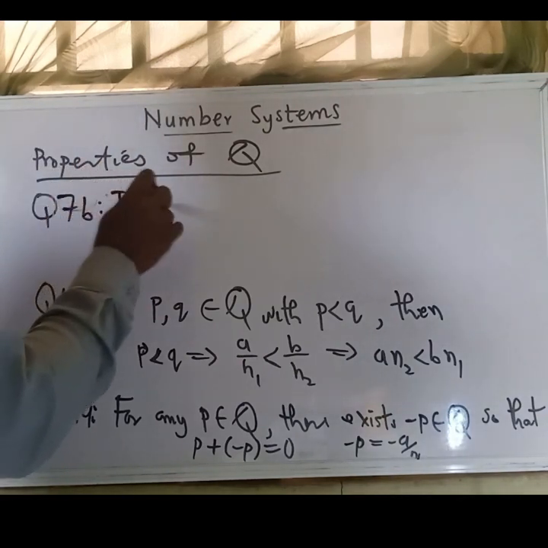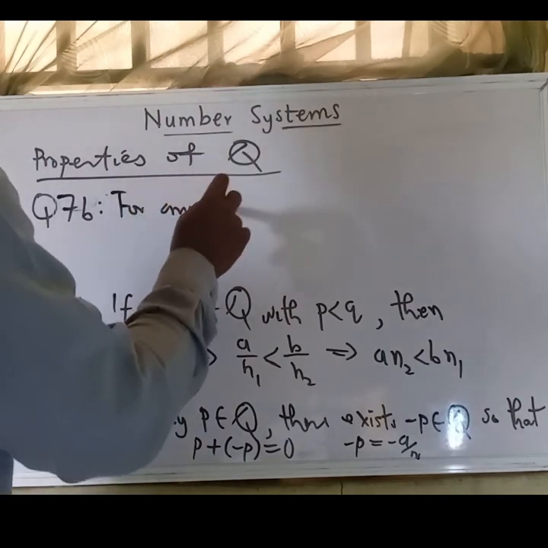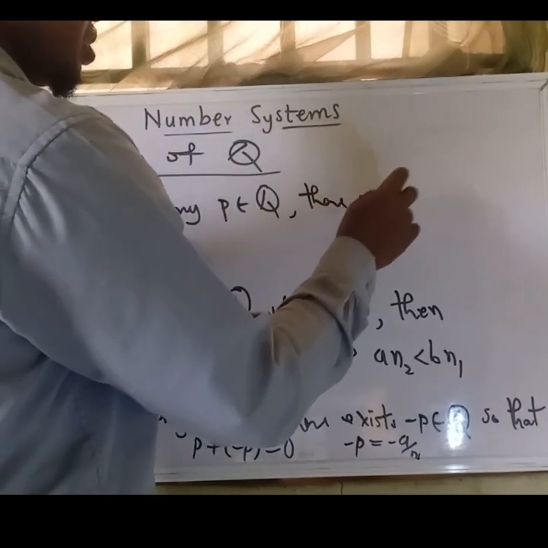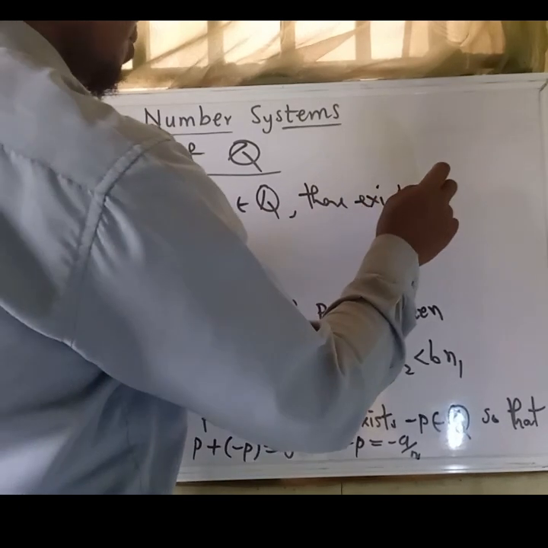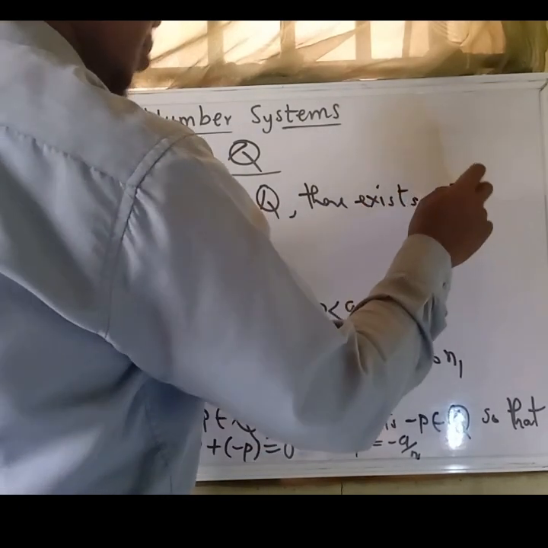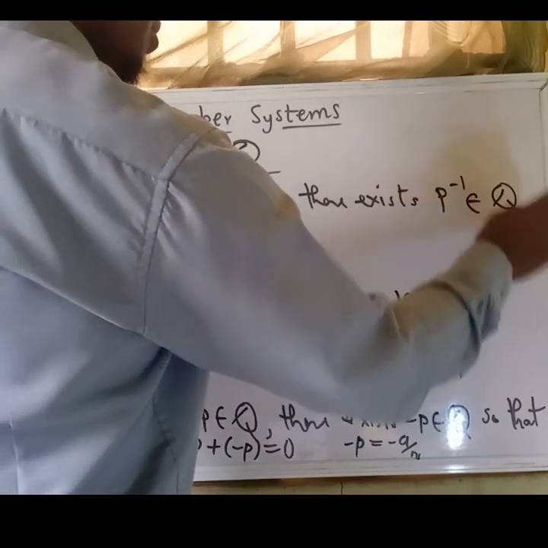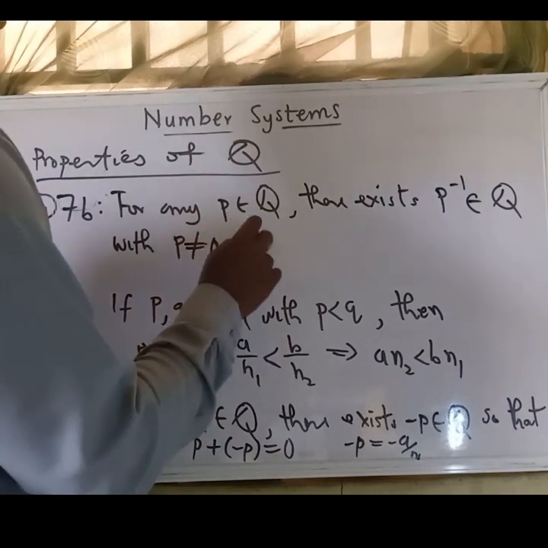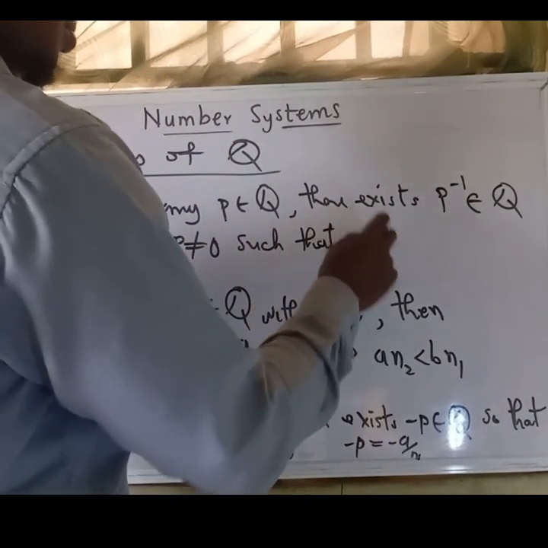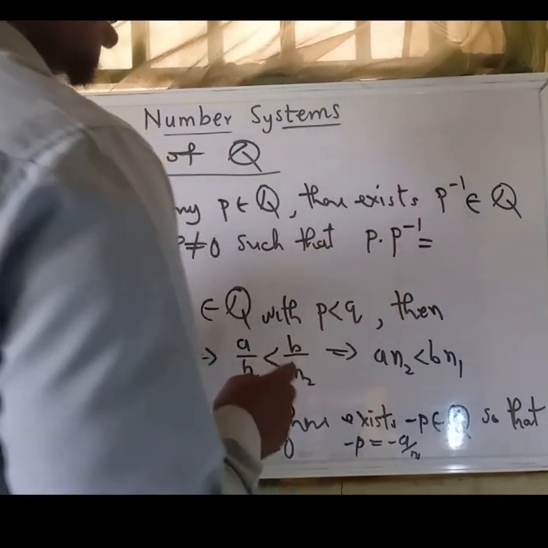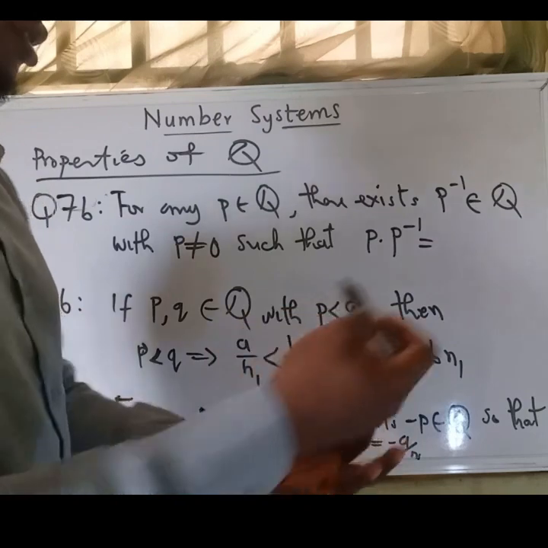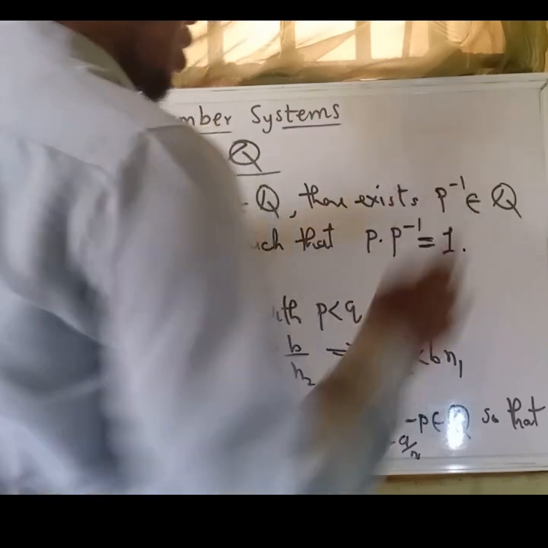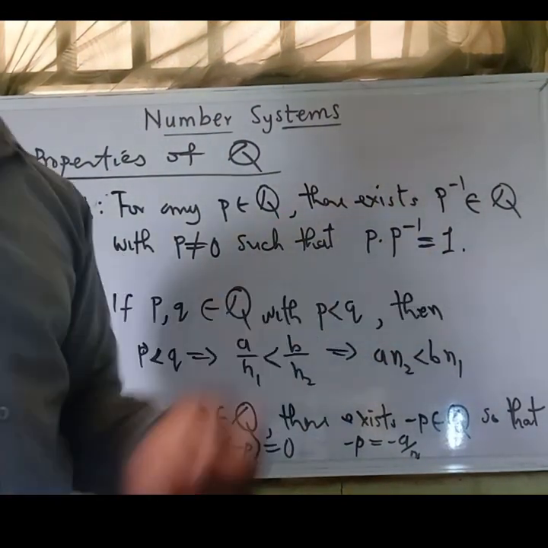So for any P in Q, there exists P inverse in Q, of course with P not equal to 0, such that P dot P inverse, in terms of the commutativity if we reverse this, is actually 1. Under the multiplicative inverse, we say the identity is also 1 here.